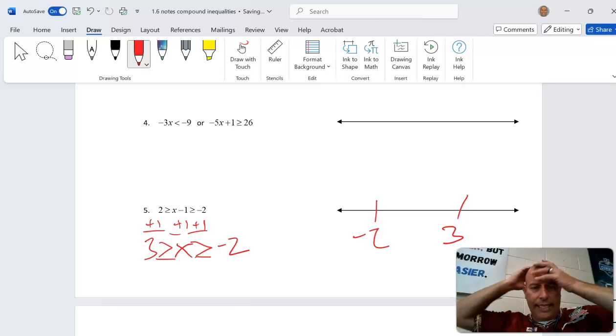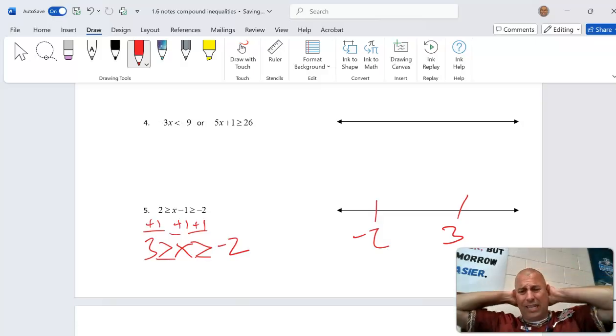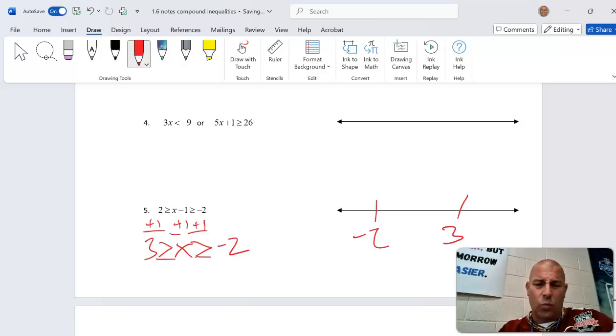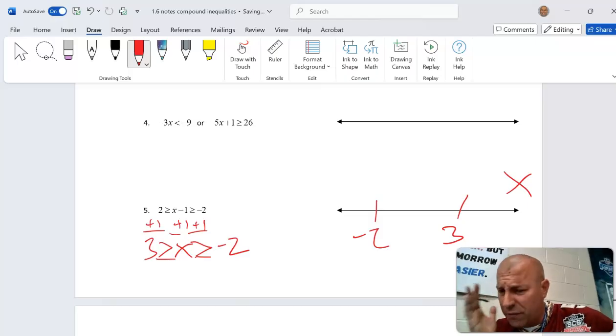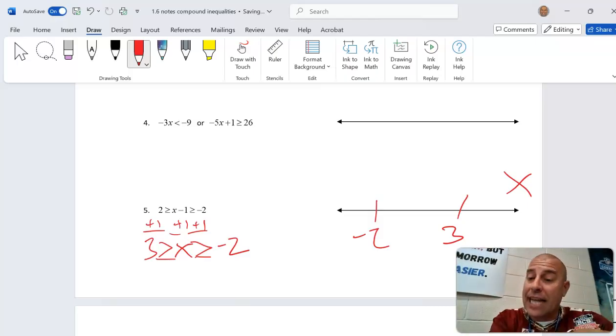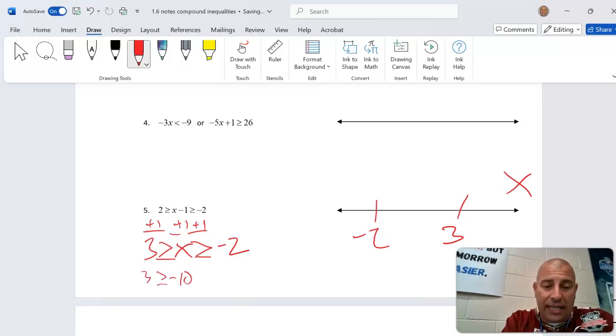So let's see here. Let's plug in someone that's way over here, like a 10. All right, is 3 greater than or equal to 10? No. I know where it's going to be, but just for fun, let's go to the other side of the negative 2. So like negative 10. If I plug it in, is 3 greater than or equal to negative 10?